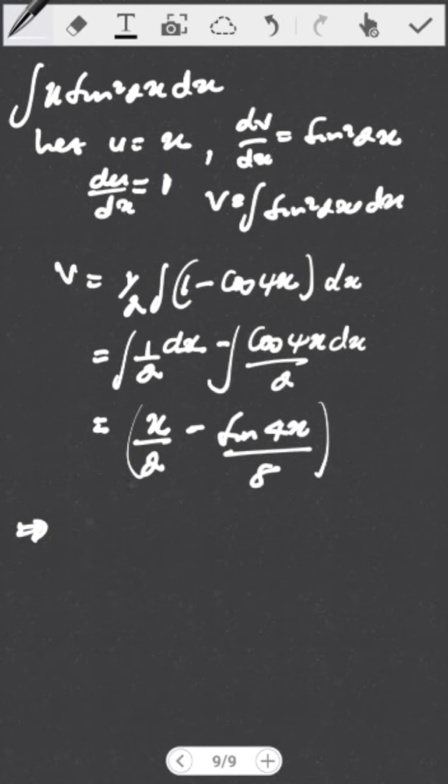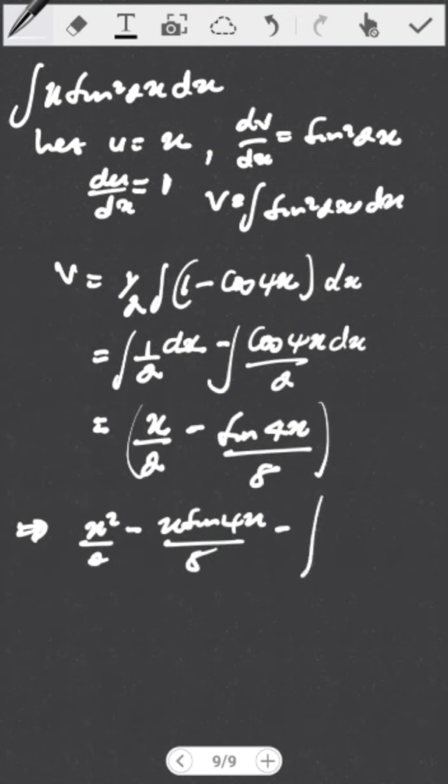So uv will be x squared over 2 minus x sine of 4x over 8. Now minus the integral of v, which will be x over 2 minus sine of 4x over 8.